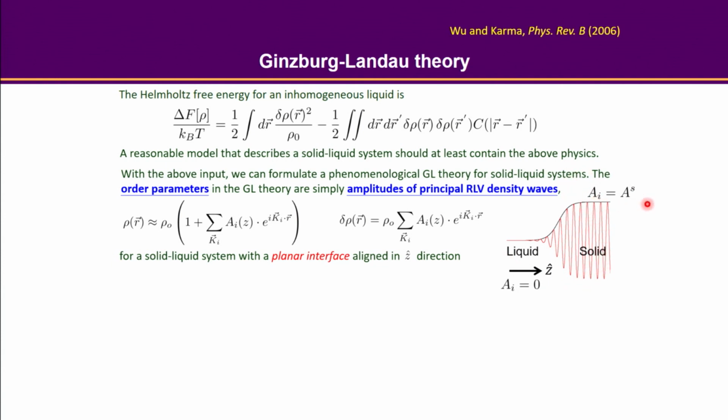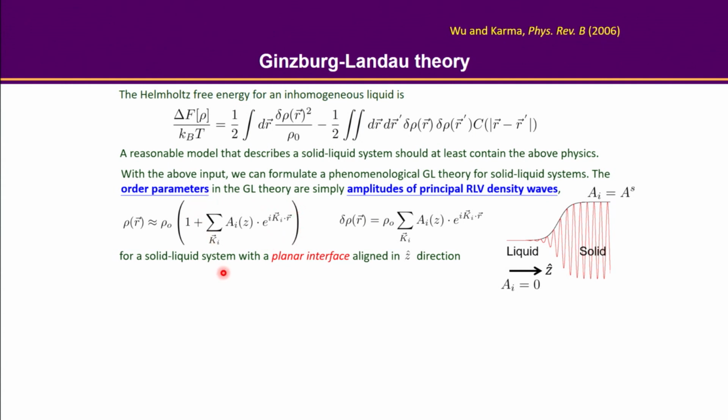If the amplitude does not equal 0, then that picks up some oscillating field, that would be our solid. But if the amplitude equals 0, that should be the liquid, right? So we would like to use the amplitude of the density oscillation, or the envelope of that, as our order parameter. So rho, we can write as rho naught times 1 plus summation.